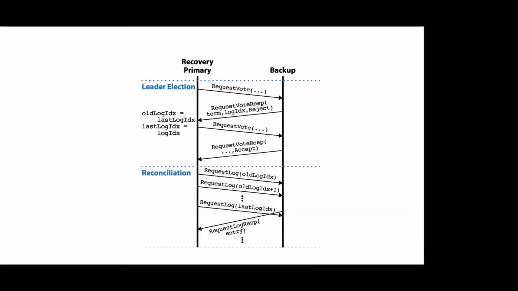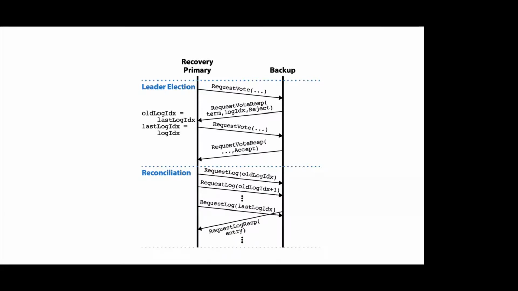If there is a gap in the log index, for example, if the responder is ahead and the node that requested the vote is behind, then the node that requested the vote updates its own last log index and stores the value that it was at in some temporary variable.